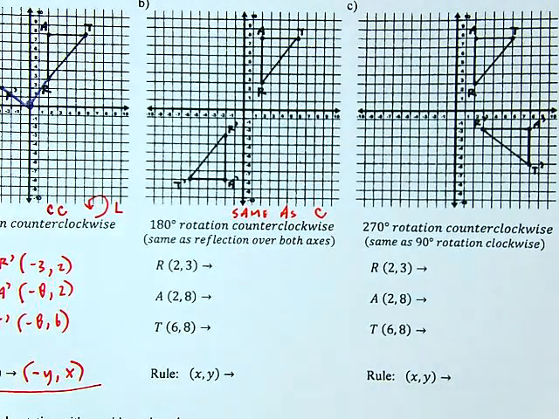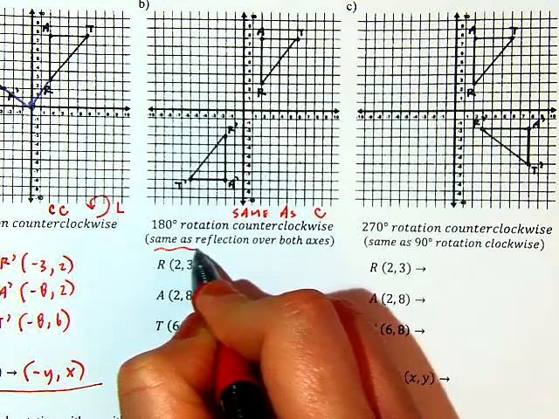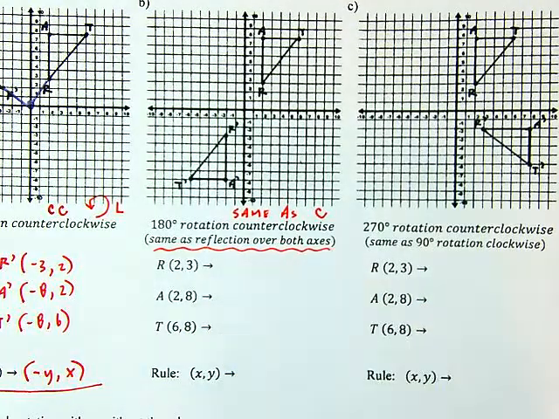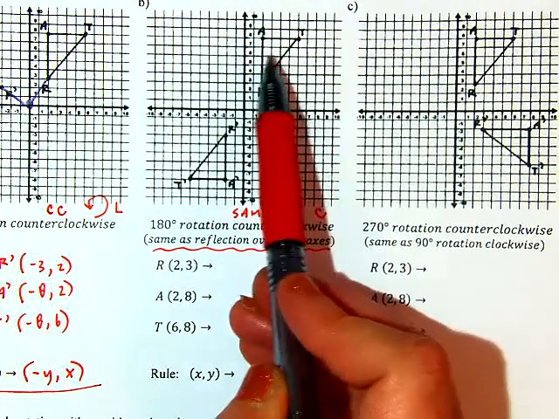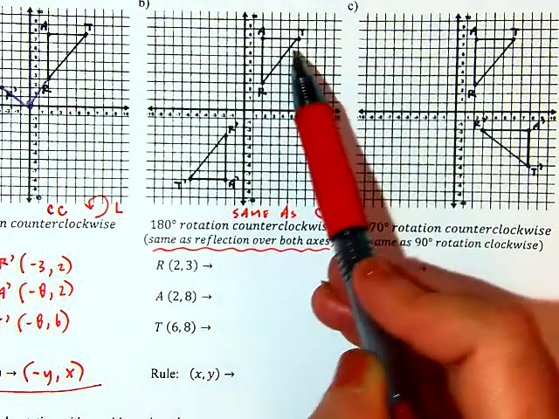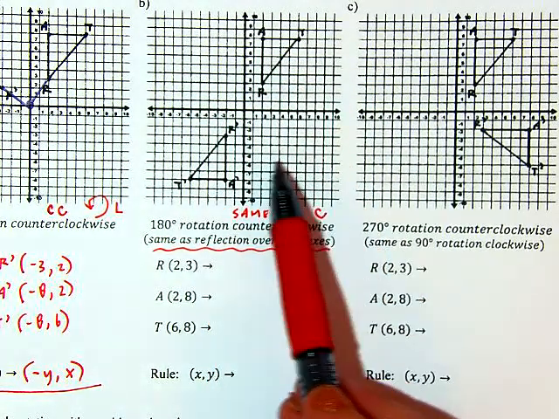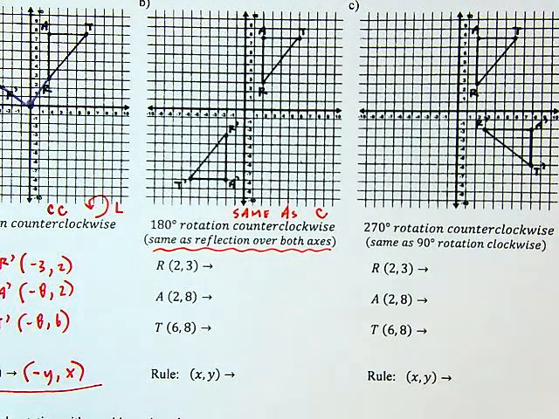And I'm also pointing out that really, if I'm rotating 180 degrees, it's the same as a reflection over both axes. So I would get in the same spot if I was reflecting over the y-axis, and then the x-axis would land me here. If I reflected over the x-axis, then the y-axis, it would land me here. So the order really does not matter.